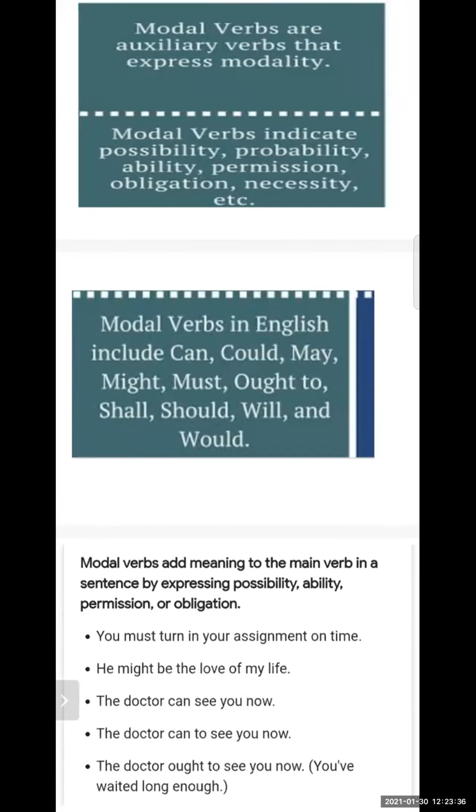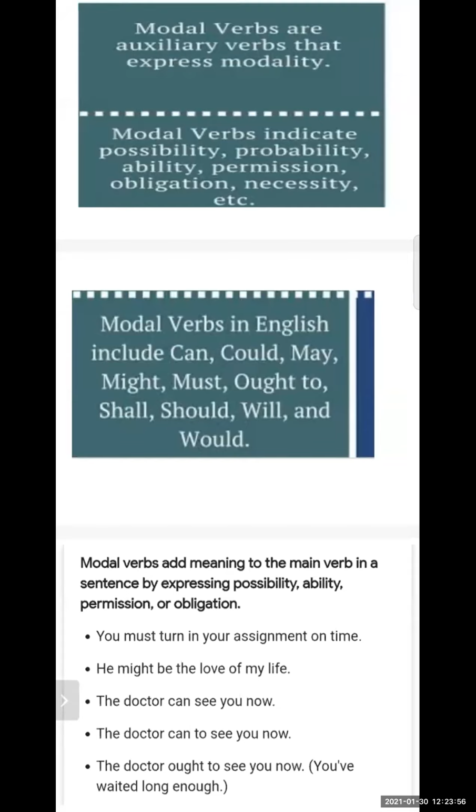Okay, students. Now, modal verbs support the main verb in a sentence by expressing possibility, ability, permission, or obligation. Modal verbs include can, could, may, might, must, ought to, shall, should, will, and would.